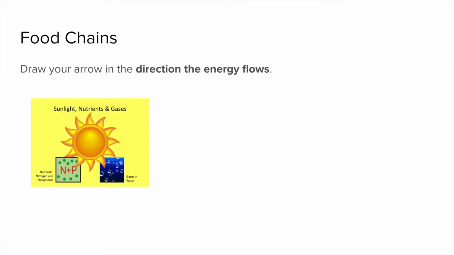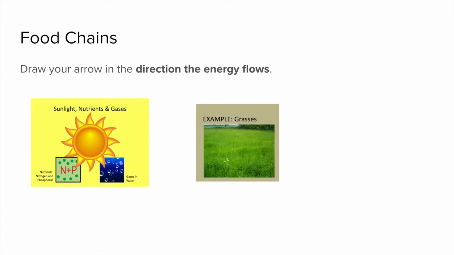So we are going to start off with the sun. And the sun gives its energy to all of us here on planet Earth, but some species in particular really enjoy and use that energy. Those are many plant species, such as grasses. So here we have grasses and the sunlight.